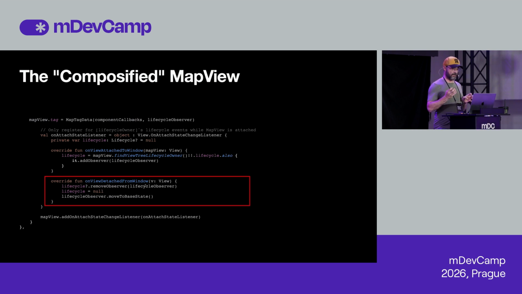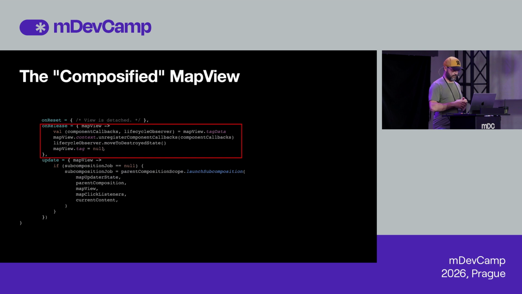And when the view gets detached from the window for whatever reason, this is, again, a view method, we remove the observer that we had on the lifecycle, set it to null for safety, and move the lifecycle observer into the base state. And yeah, so let's see here a few more methods.